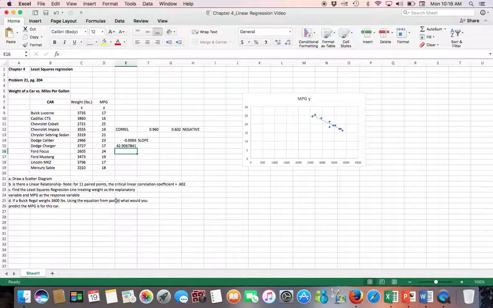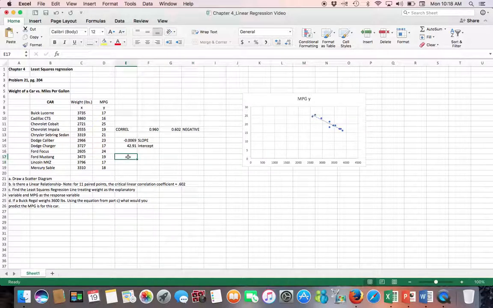And so basically, our intercept is 42.91. And if you were to extrapolate this line, it looks like it would cross the y-axis at about 42.